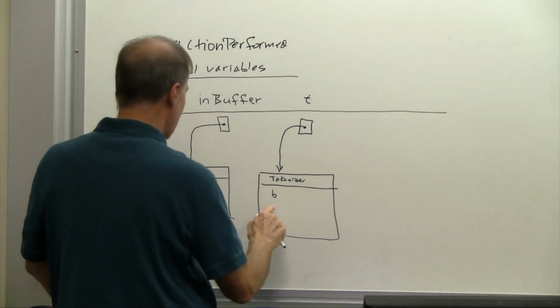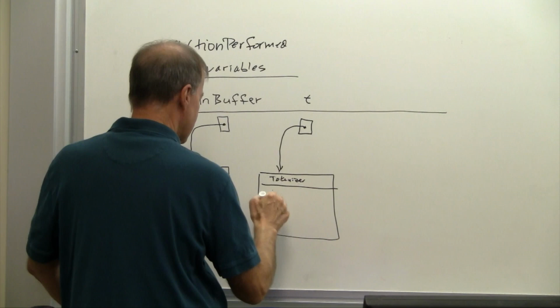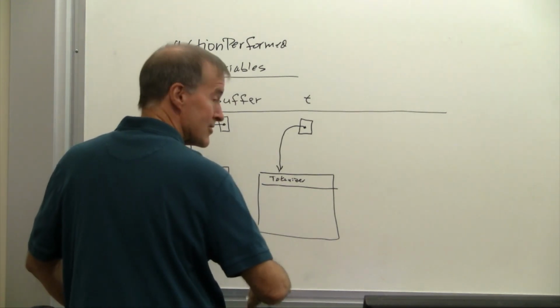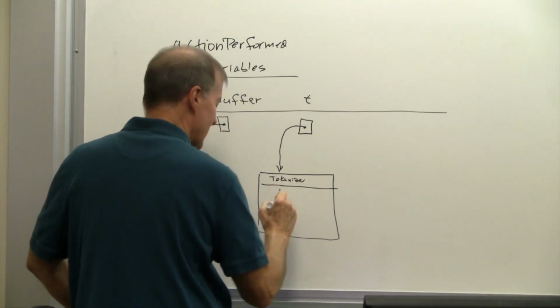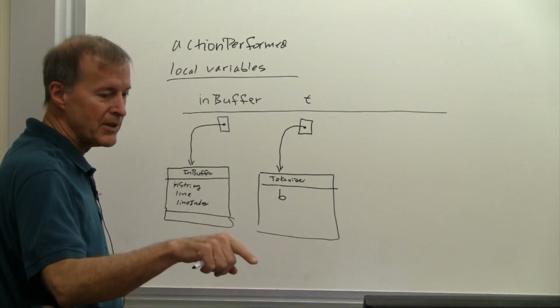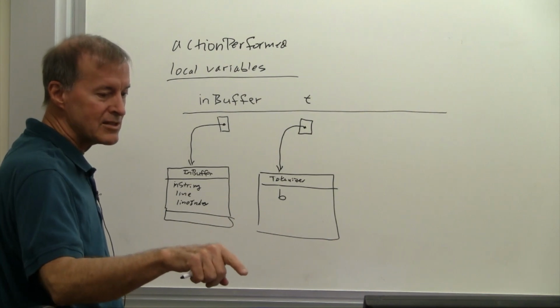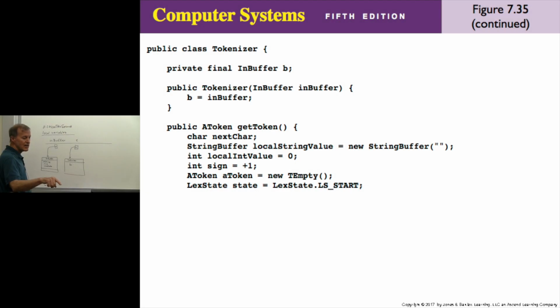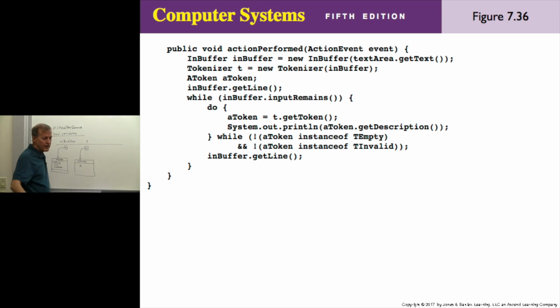So what happens is the value of b, look, now I'm not sure how to do this visually, but here's what's happening. Do you see that code says b gets inBuffer? Well, what got passed? In figure 7.39 in the constructor Tokenizer, is inBuffer the actual parameter or the formal parameter? That's the formal parameter. Well, what was the actual parameter here in figure 7.36? inBuffer.